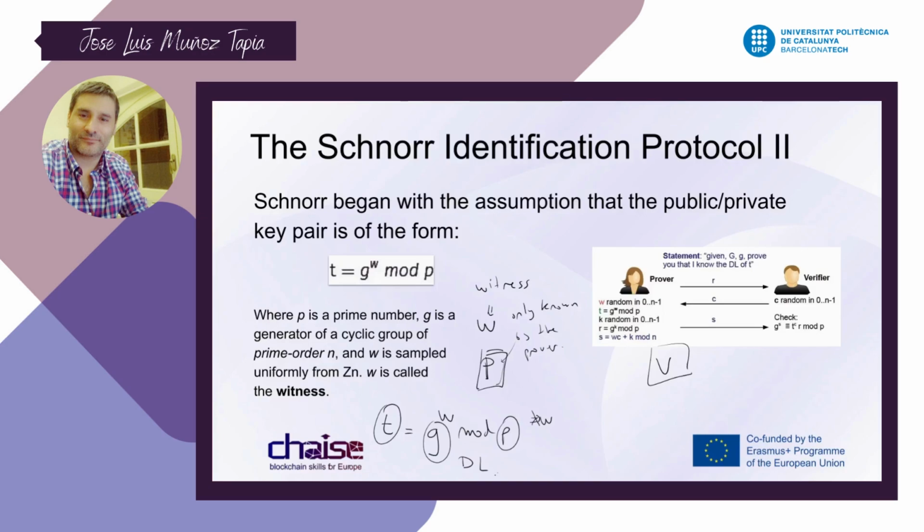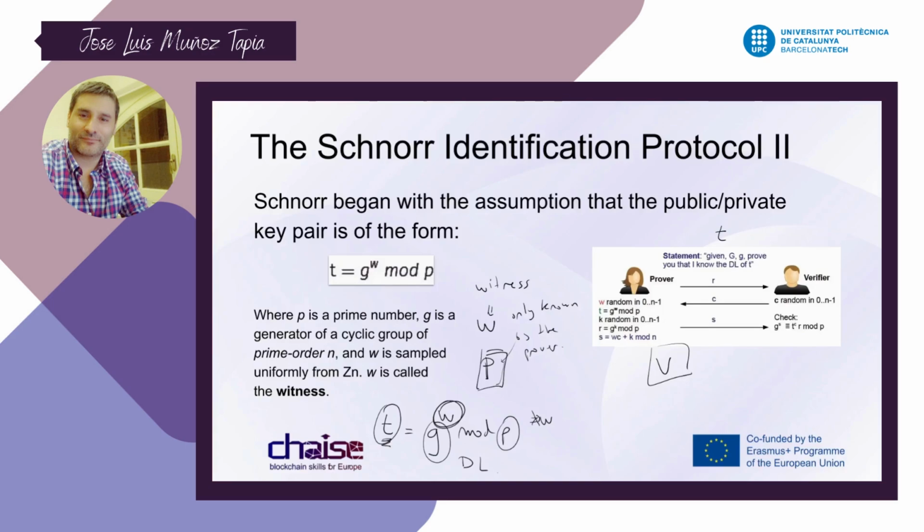Essentially what we are going to prove is, the prover and the verifier are going to know T, and the prover is going to prove that she knows W such that G to the power of W is T.